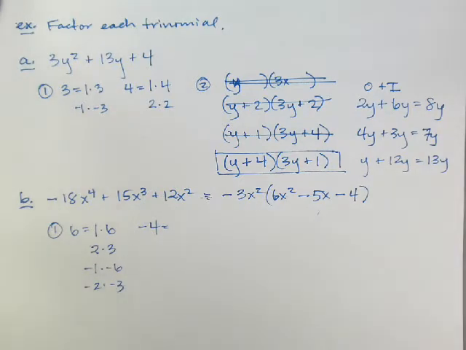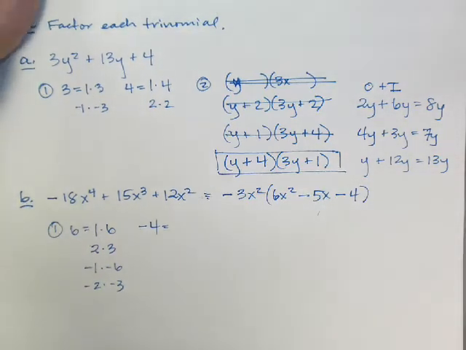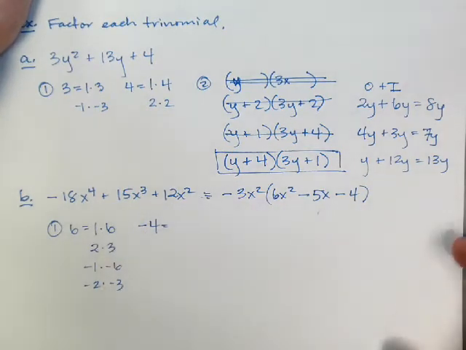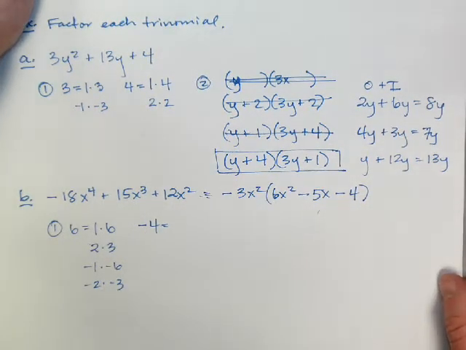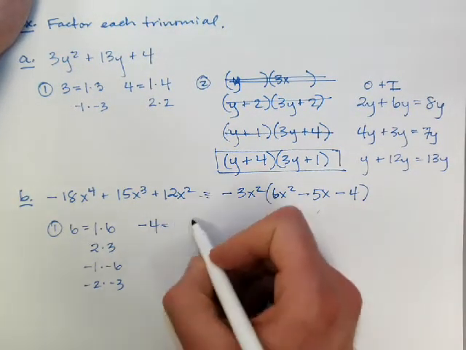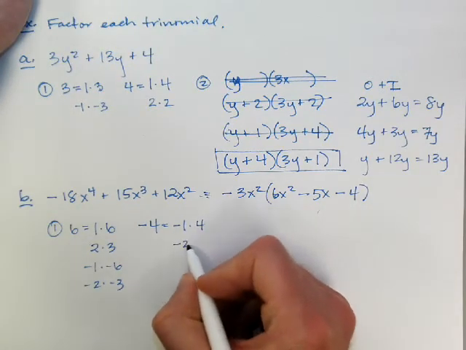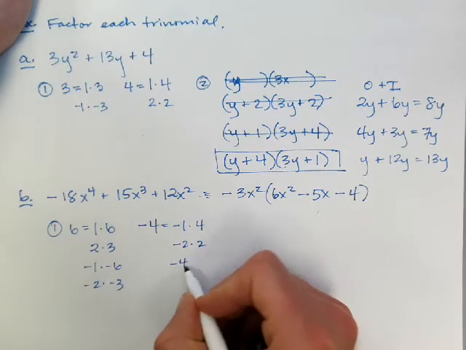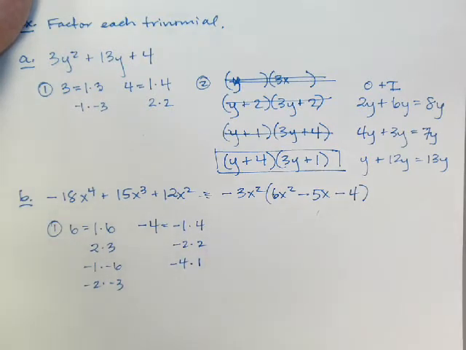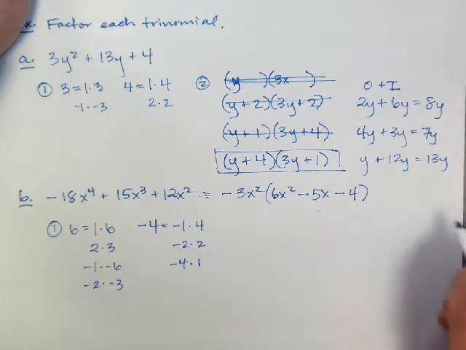I'll just focus on the positive ones. We might have to resort to that if we don't find it in our search, just these two combos. Okay, here for 4, we could do a 1, a -1 and a 4, -2 and a 2, -4 and a 1. So a lot of possibilities with these.